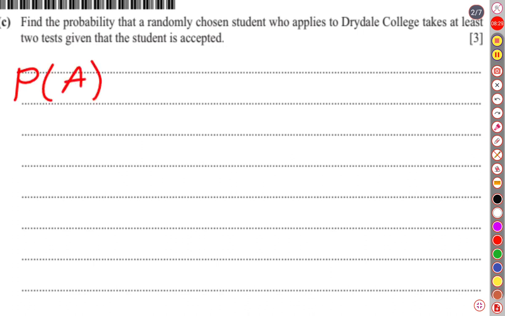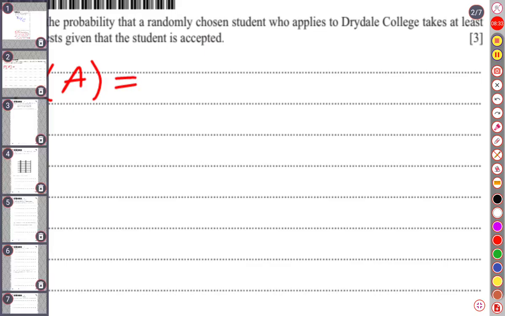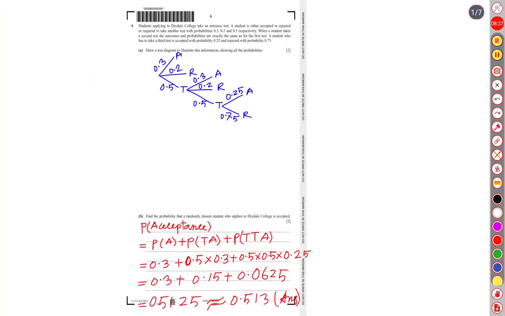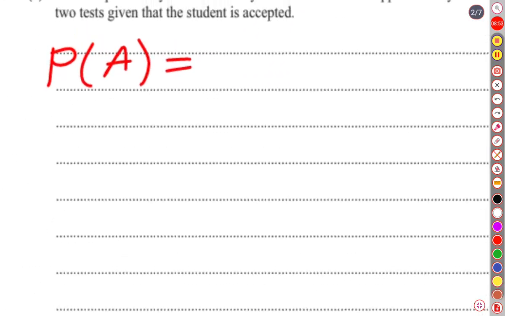As we have already found in the previous question, the probability of acceptance of a student is 0.5125. So we can easily write it as 0.5125.